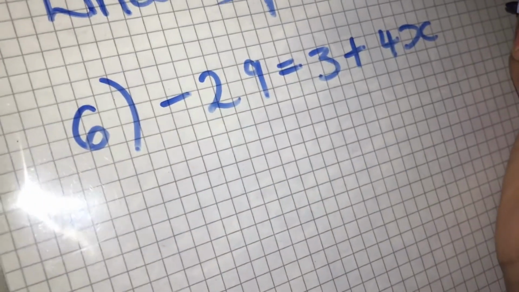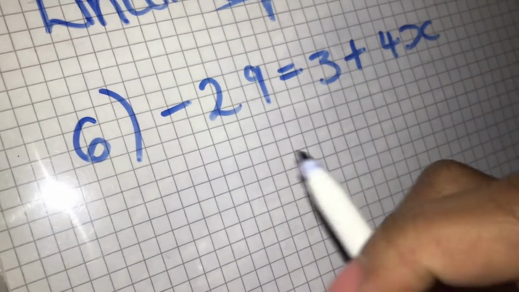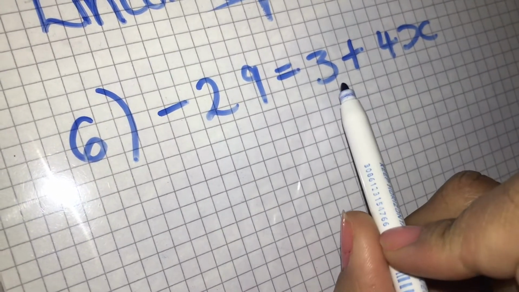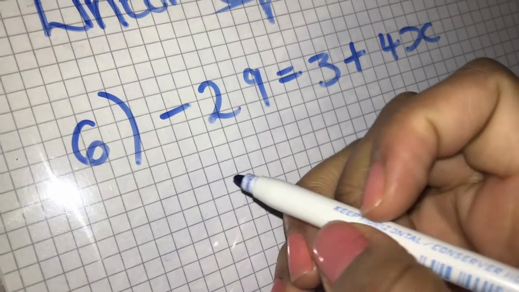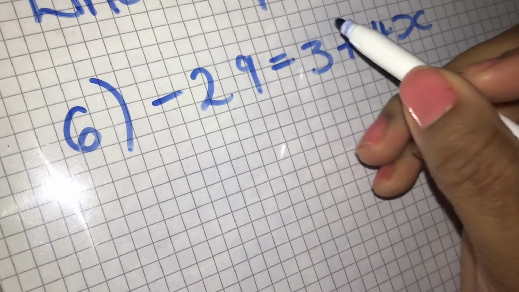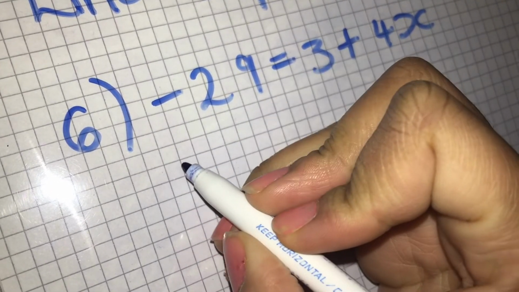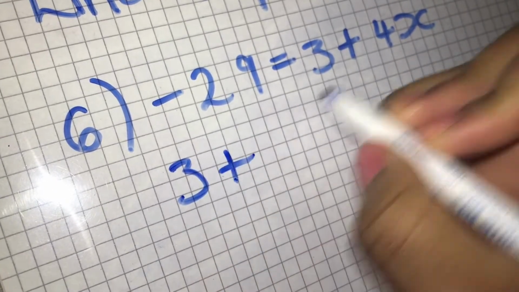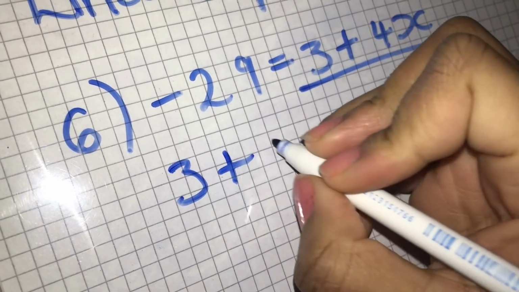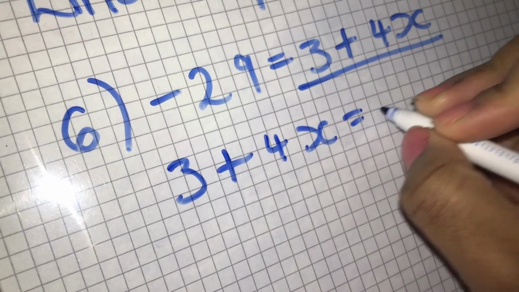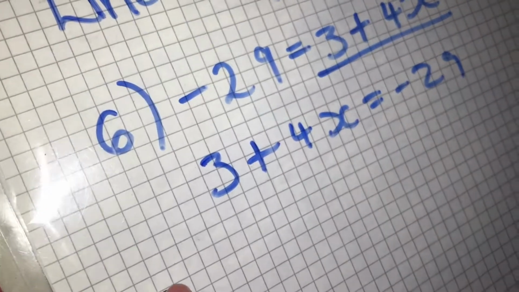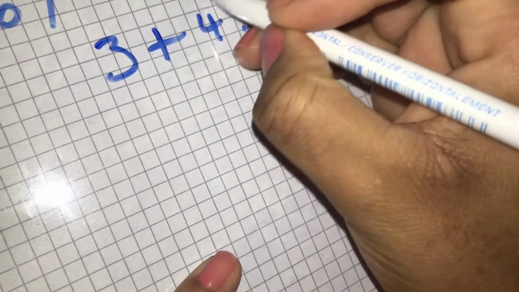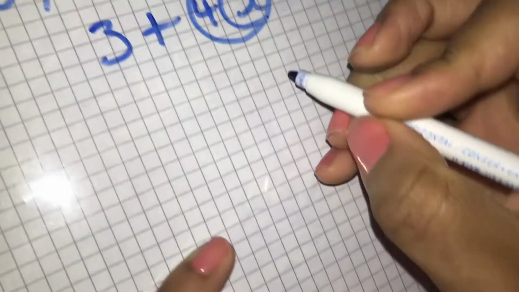Okay, so this question is, my problem is minus 29 equals 3 plus 4x. So as I said before, if you want to change it so that the equal sign is where you're usually familiar with it being, you can just change it. So 3 plus 4x equals minus 29. Right, so we need to get this x on its own.